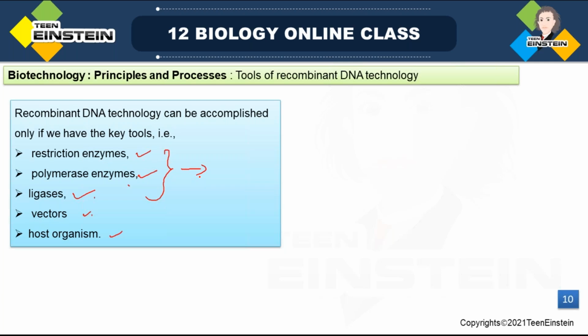Restriction for cutting the desired part, then polymerization, then ligase for joining. Restriction enzyme is called molecular scissors, and ligase is known as molecular glue.